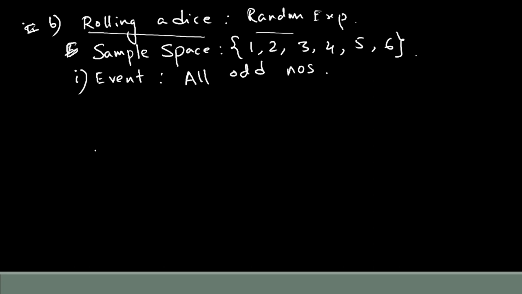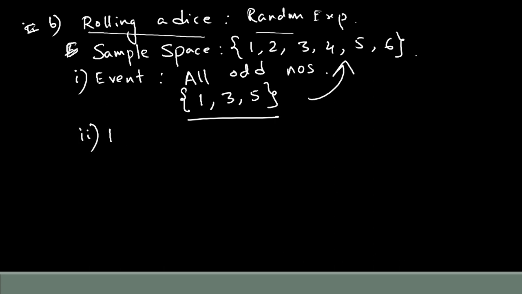So a subset of the sample space associated with the random experiment is an event. When it's all odd numbers, what will be the outcomes here? It will be 1, 3, and 5, right? So 1, 3, and 5 is a subset of the original sample space. So this is an event which is all odd numbers. Another event, event 2, can be all even numbers.